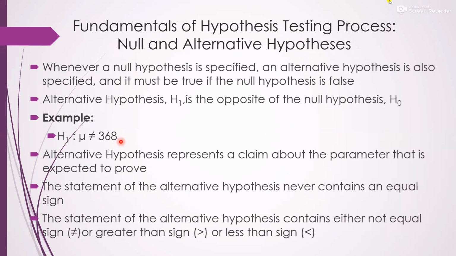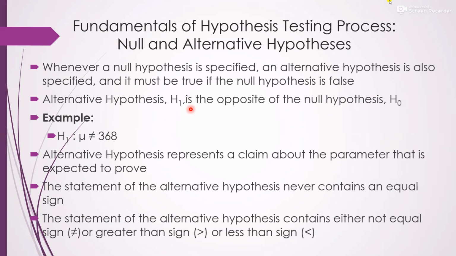Right? So similarly, according to the given scenario, we can decide what is the appropriate sign we have to use in the alternative hypothesis. Writing the null hypothesis is not a problem, because it always has an equal sign. But what will the sign be in the alternative hypothesis?